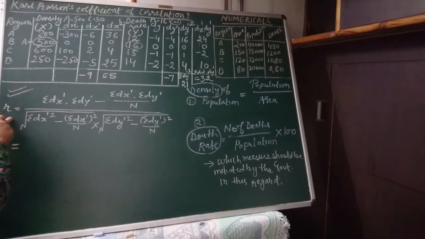This is the formula related to Karl Pearson's coefficient of correlation, the step deviation method.